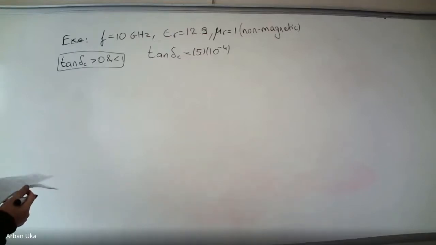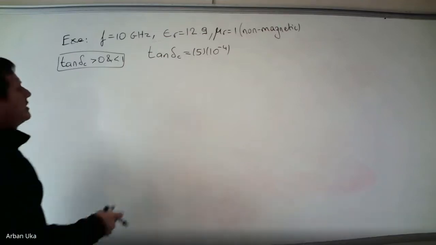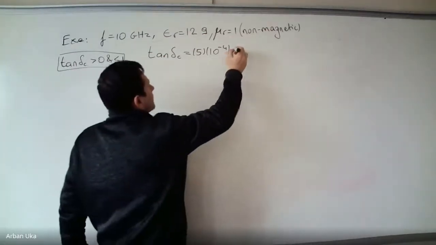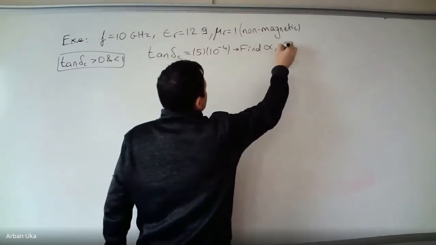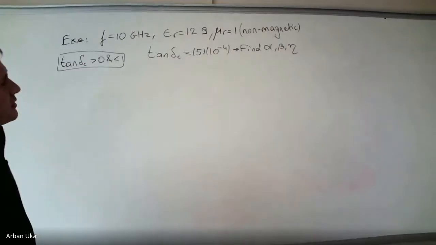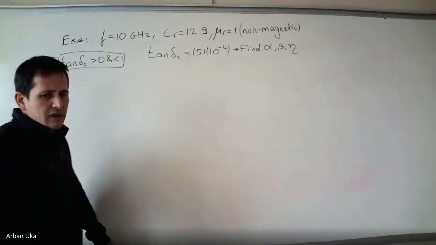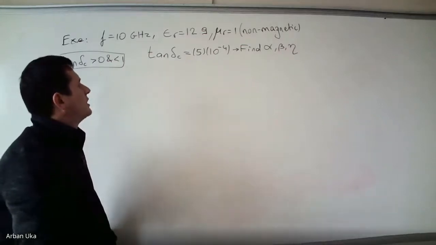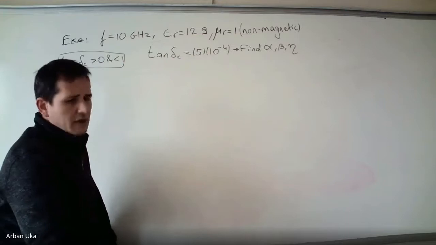Now the question is, let's try to identify the propagation constant and the eta. Find alpha, beta, and the intrinsic impedance, or impedance of the medium. So we're just given the tangent of the angle, but we are not given conductivity, and we are not given some other parameters.